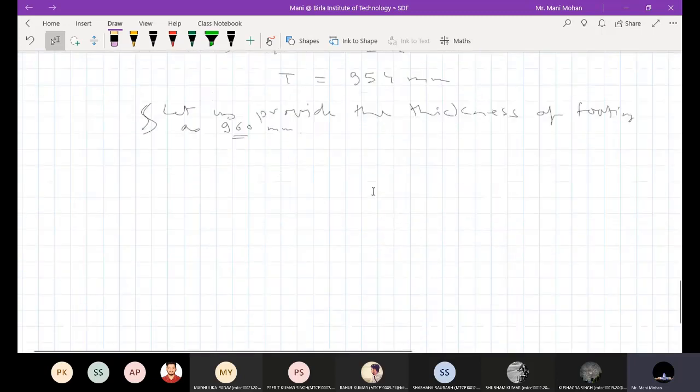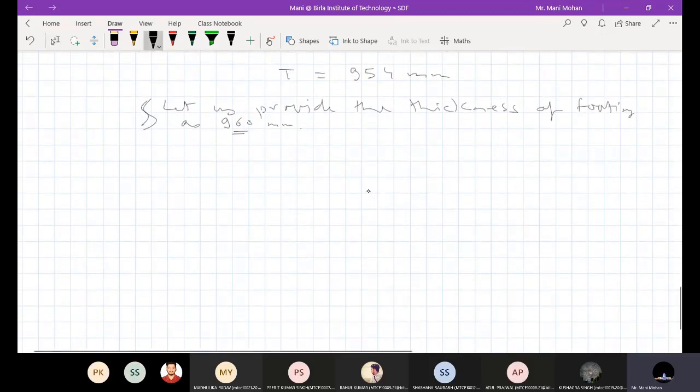So let us see this thing. Let me give you this insight. Let me write like this. Note: the thickness of footing can be reduced.